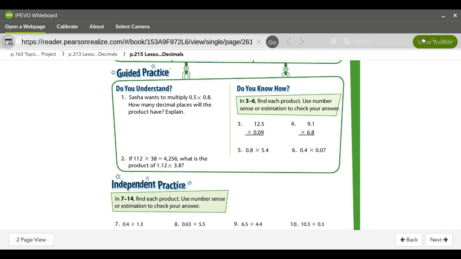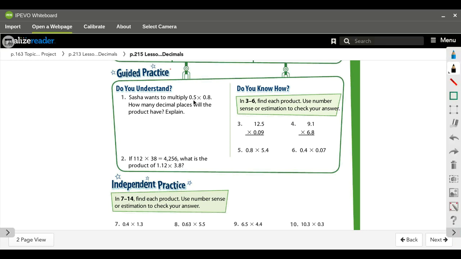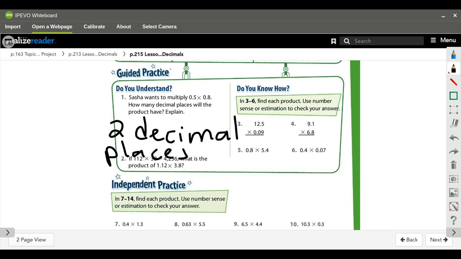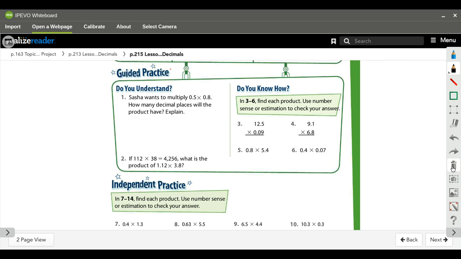So that means I'm going to have two decimal places because I had two decimal places in my factors. So I need to have two decimal places in my product because my factors had two decimal places.